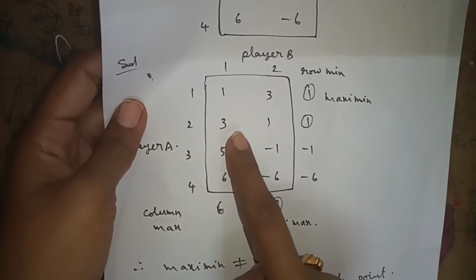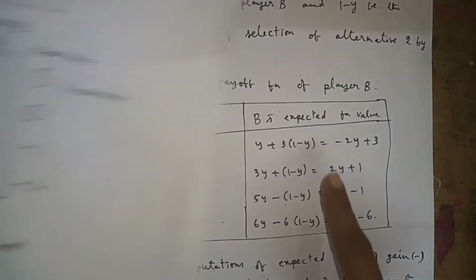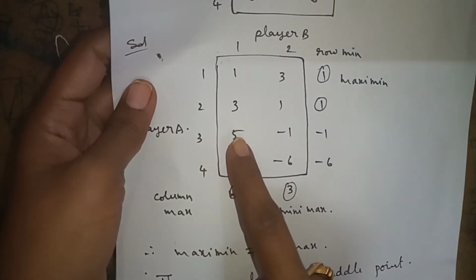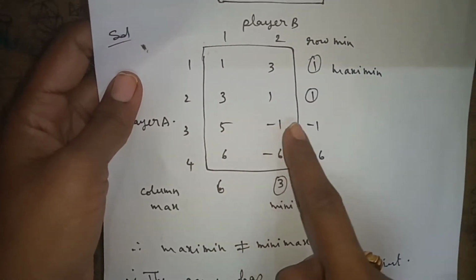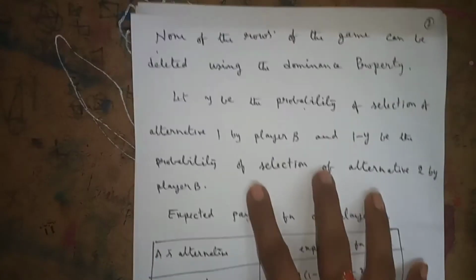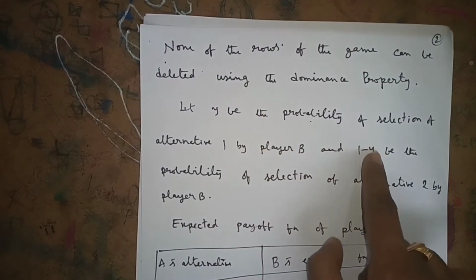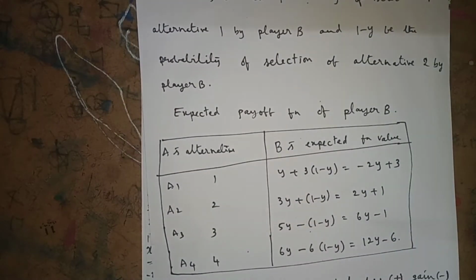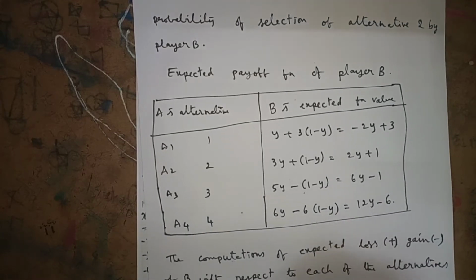Second row, 3 into y plus 1 into 1 minus y. Third row, 5 into y plus minus 1 into 1 minus y. Fourth row, 6 into y plus minus 6 into 1 minus y. We assumed y and 1 minus y as the probabilities of the alternatives of player B. That's why we have got this, and if you simplify, you will get these values.